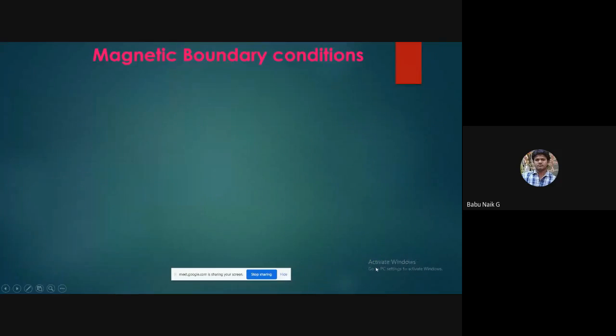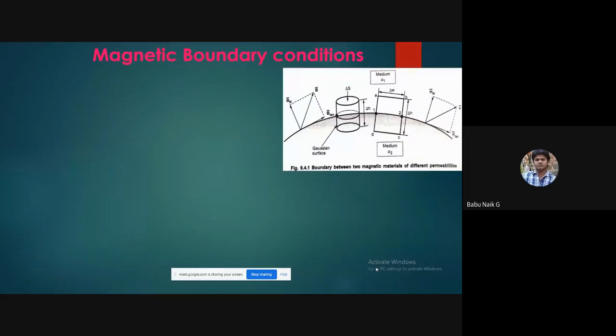So let us calculate the magnetic field and magnetic flux density. Before that, we need to consider the boundary condition, so this is our boundary condition line, which I am showing here in the figure.